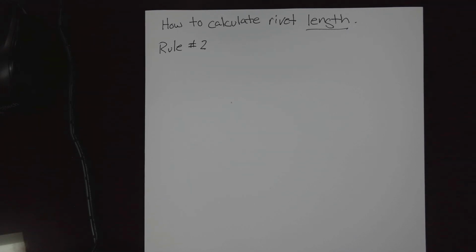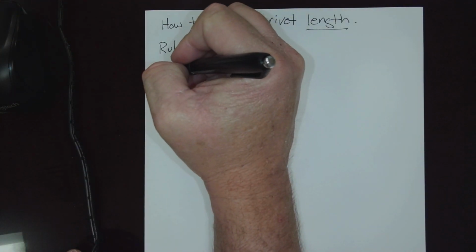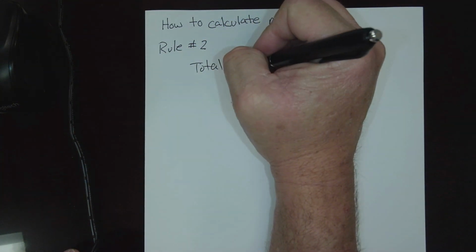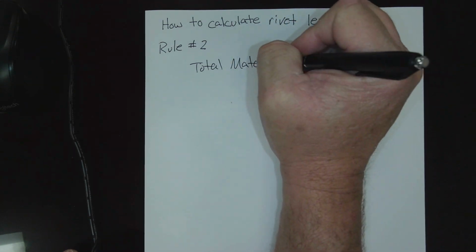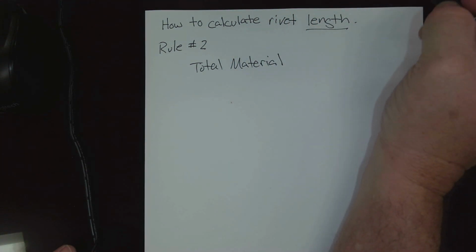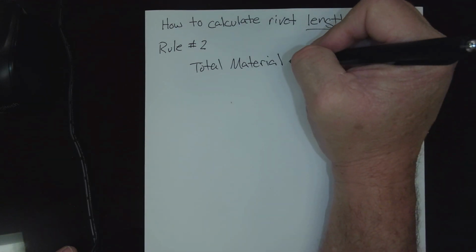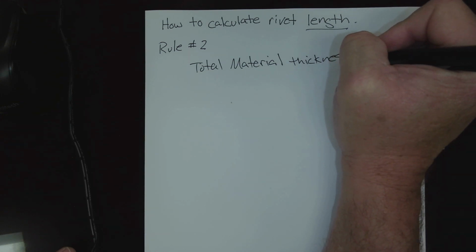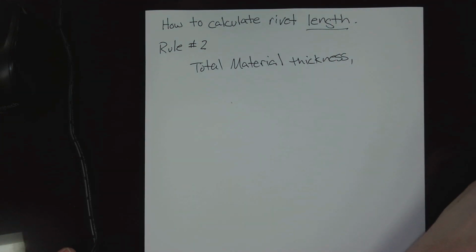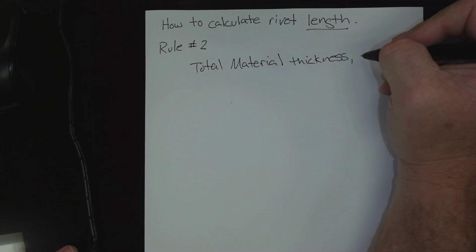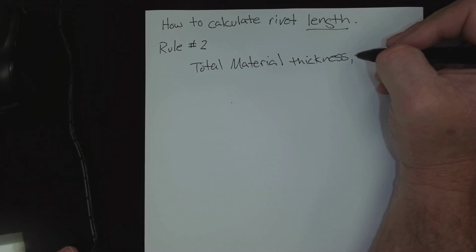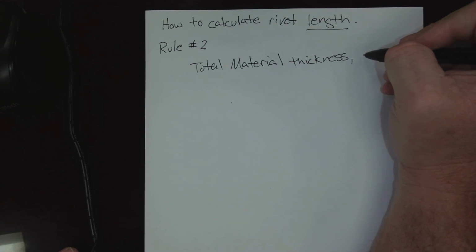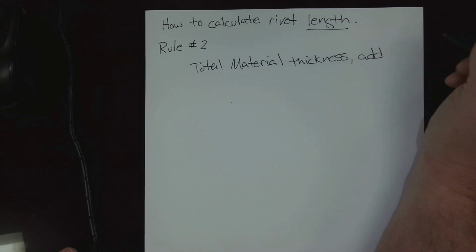And rule number 2 is simply this: total material thickness. So we would take all of our stack up, no matter how many sheets of metal are there, and we would get our total material thickness. And then guess what? There's always a little second part. This time, instead of round up, once we've added our total thickness, then we're going to add 1.5 diameter.